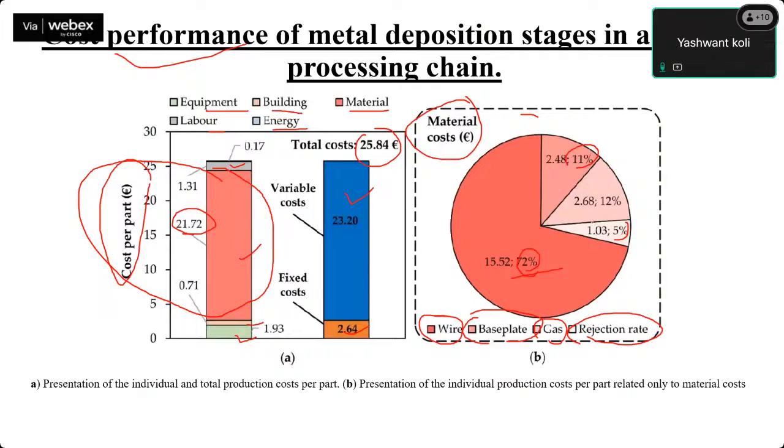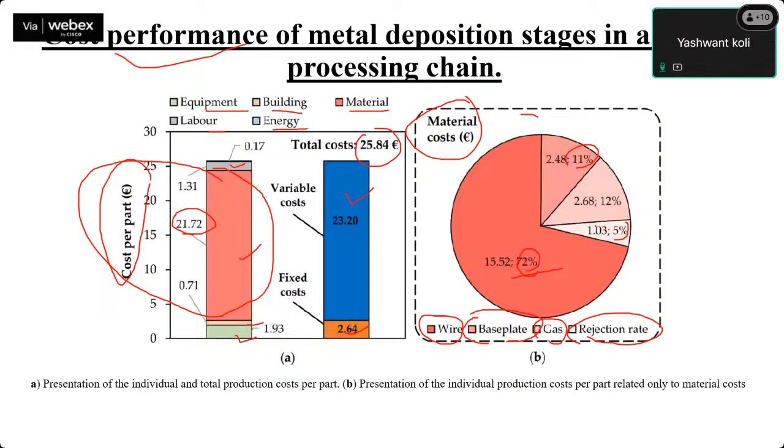If we compare this cost with laser powder bed fusion, laser powder bed fusion is using powder as a raw material, whereas in VAM we have a wire. So wire is very cost effective. For 1 kg of wire, we can purchase it at 2 or 3,000 rupees for a specific material.